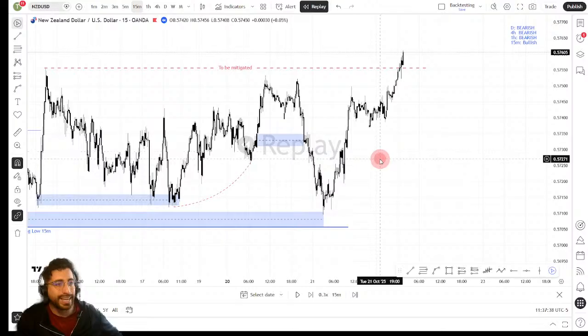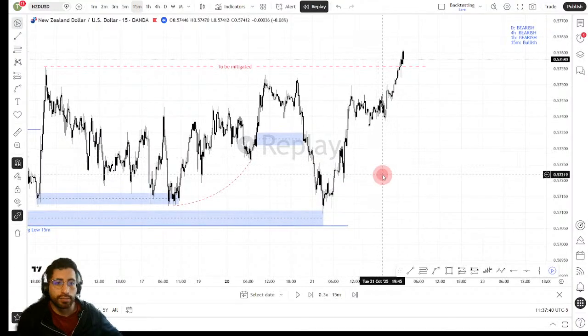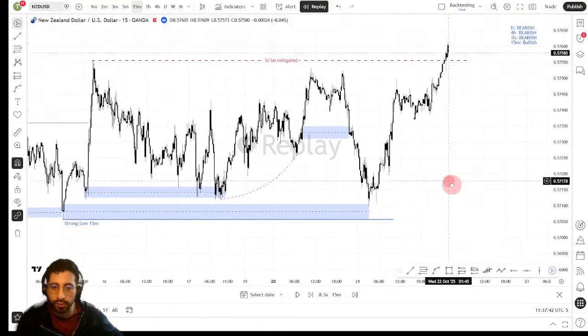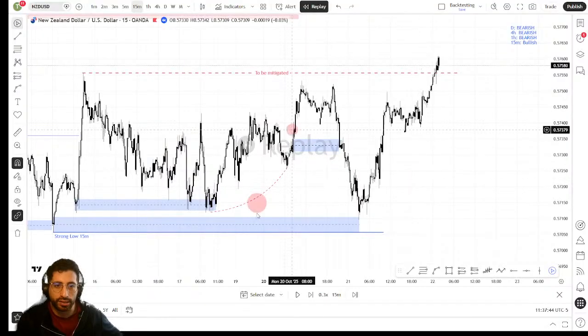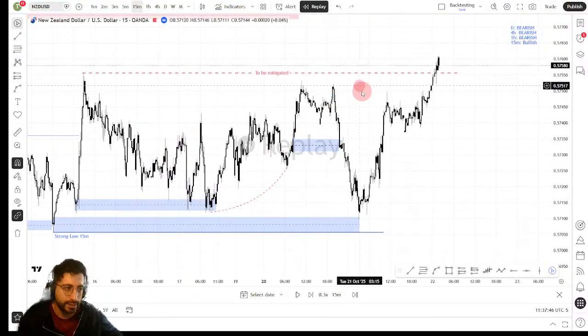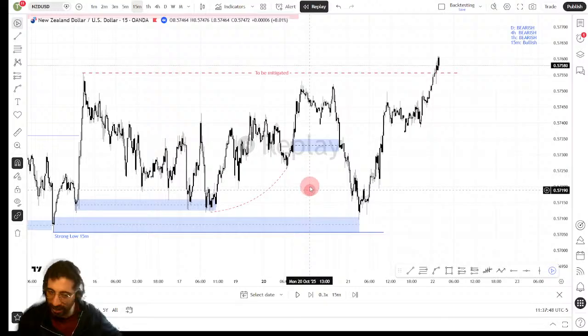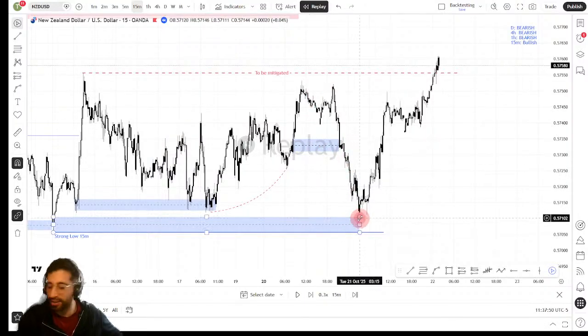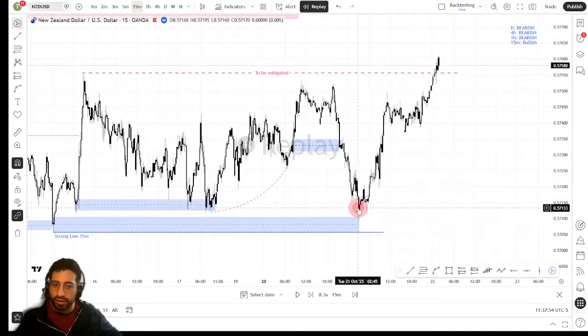Boom, mitigated. That's fine. You see, that's why we cannot get biased by the market. This was liquidity. We can say it's going to go down, but it didn't, because we didn't know the real market intention.